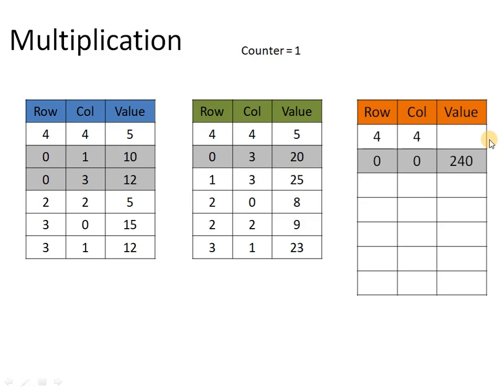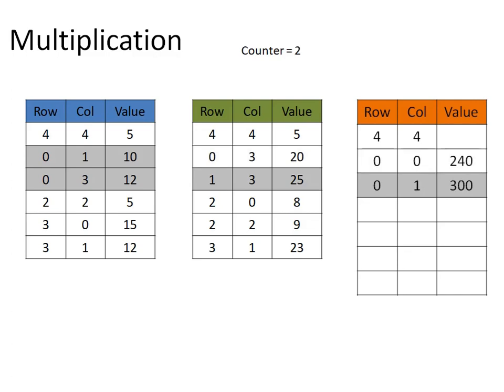So here we have index 0, 0, and the value comes out to be 12 into 20, that is 240. Again, here we are not sure about the total number of entries in the resultant matrix, so a counter is maintained and now we have increased its value by 1.